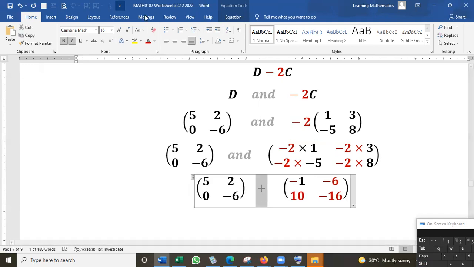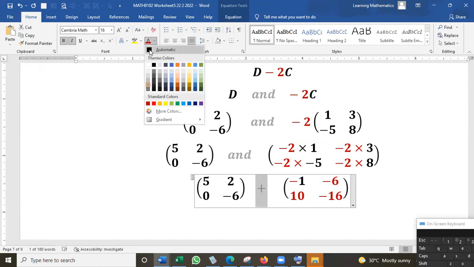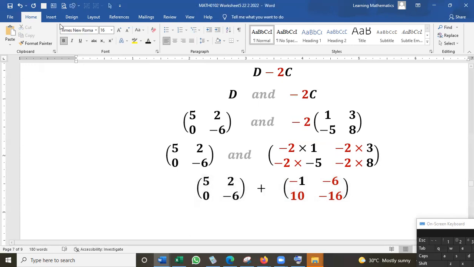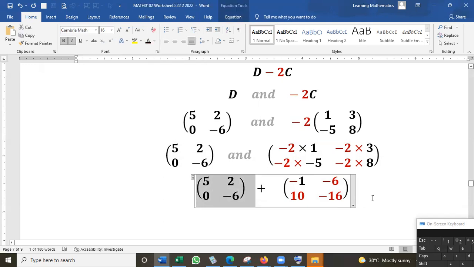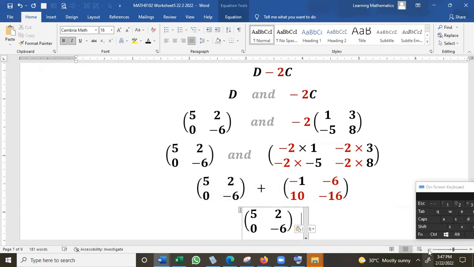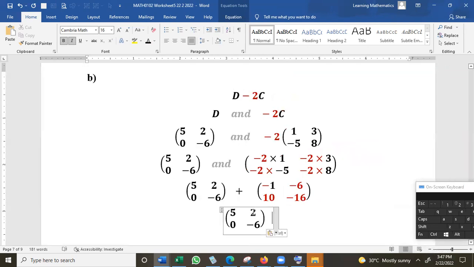All right. So what you are basically doing now, you are adding D to this. And they can be added because they are of the same size. They are both 2 by 2. When you multiply a matrix by a scalar, it does not change the size of the matrix. It just changes the size of the elements in the matrix, but the size of the matrix itself is unaltered. So minus 2 times 1 is negative 1.